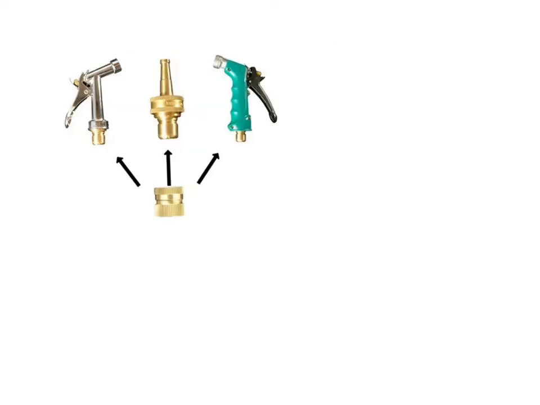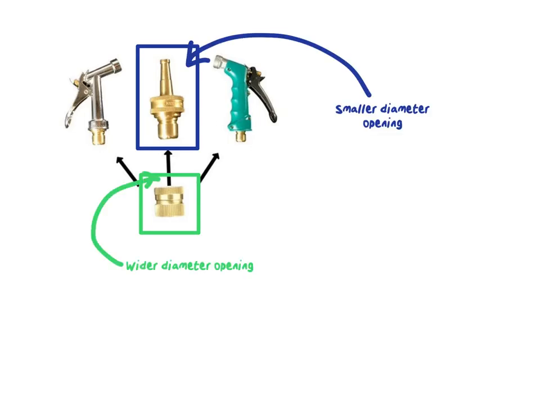All right, so if we take a look over here, I have 3 different hose heads that you could attach to your garden hose. And I'm really going to focus here on the middle one. Now you can see the attachment that's here on the bottom of this image. That's a wider diameter than the very top of the nozzle, which is a very small diameter, cross-sectional area.